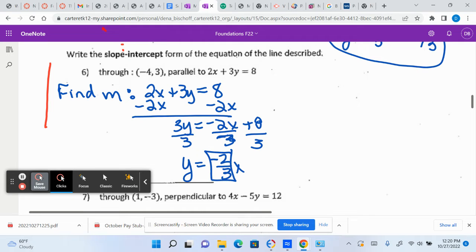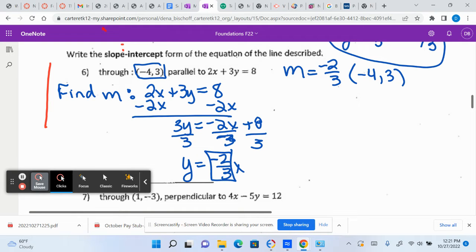So now I know the slope and my line is passing through this point. So I have an m of negative 2 over 3 and it's passing through the point negative 4, 3. What should I do next? If I know a point and I know the slope, that's going to become your most favorite equation.